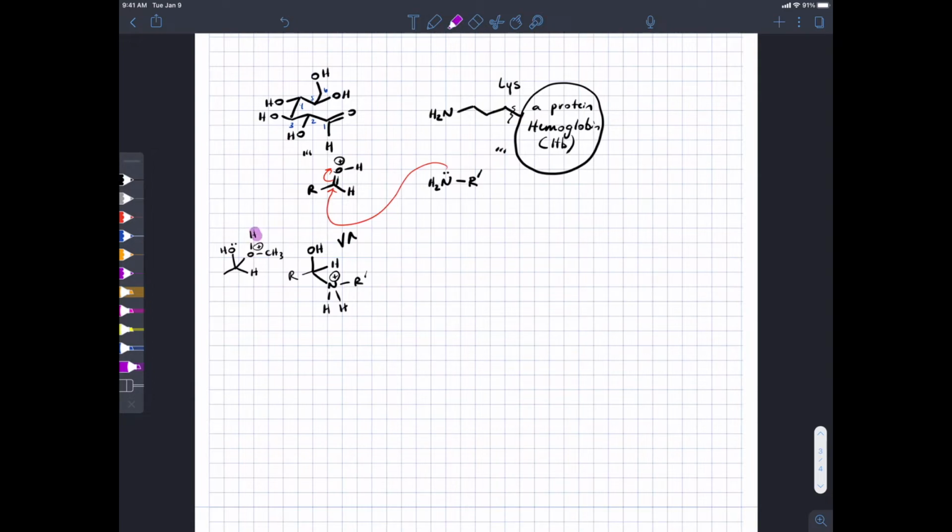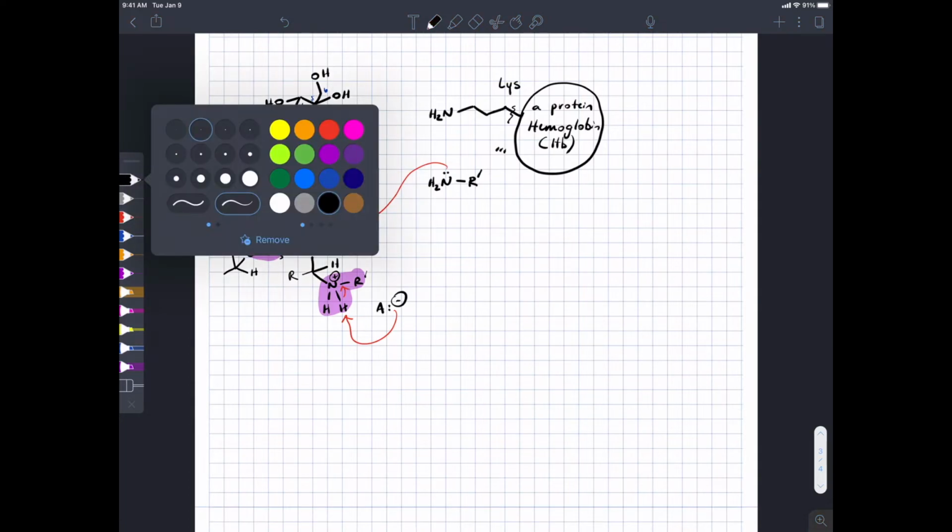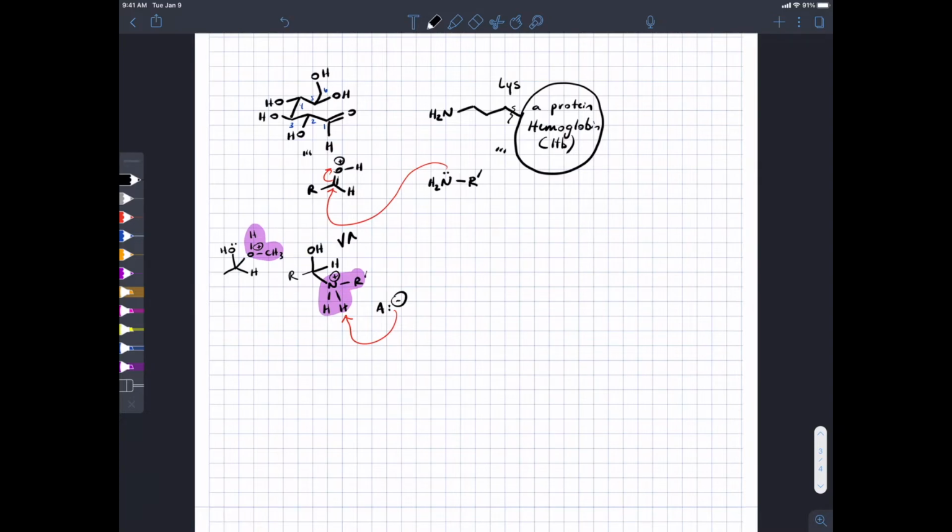So, as before, you remember that we said that the methanol was a good leaving group. Here, this amino group is positively charged, and it's a decent leaving group. If it left, we'd go right back to starting materials, but as we have done before, we can use the conjugate base of our acid catalyst. Perhaps this is just water, perhaps some enzyme group, to remove the proton. I don't like where that arrow went.